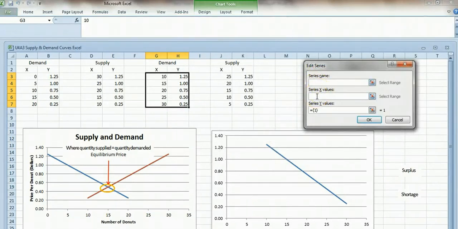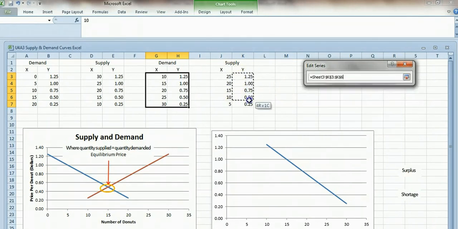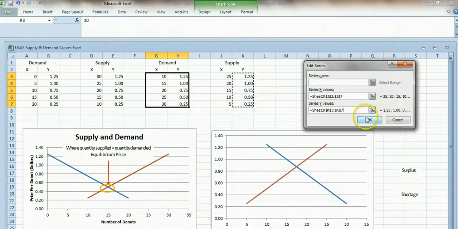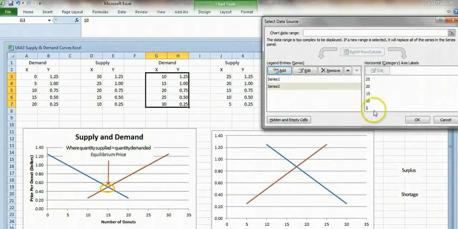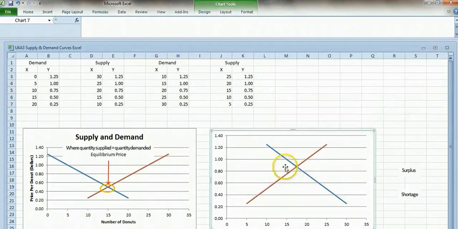I need to be down in the series X values box here, capture the range, then come down into the Y series and capture the price, click OK, OK, and as you can see, my equilibrium price has changed based on the increased demand and decreased supply.